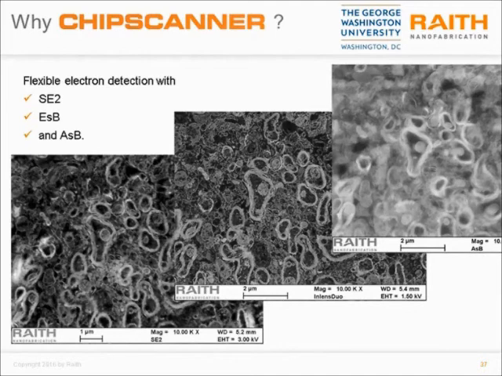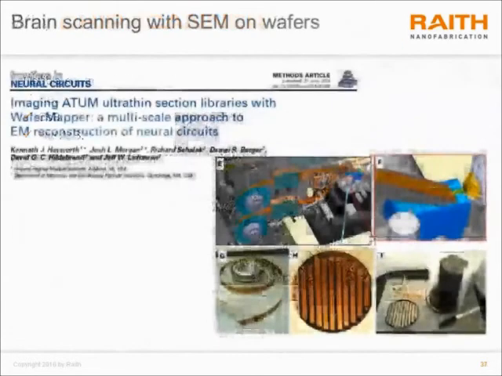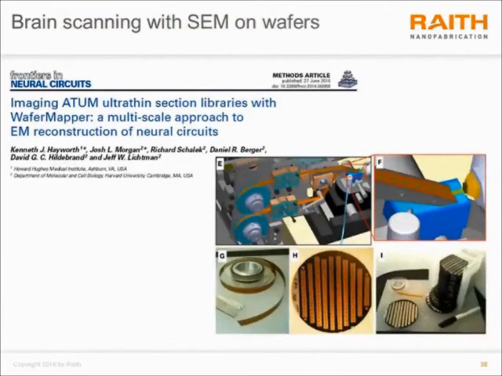This is a secondary electron image that shows topographic information. Here's the energy selective backscatter detector, in-lens detector that was used to show a very high resolution but slightly noisier image. And finally, here's the post-lens angular selective backscatter detector as well. So a variety of imaging conditions is possible.